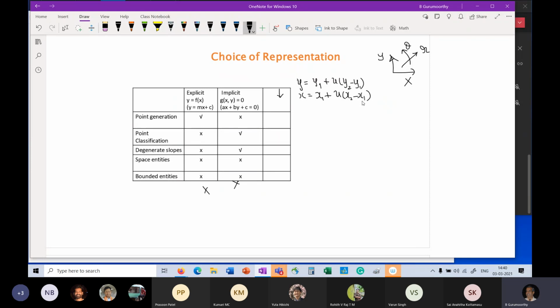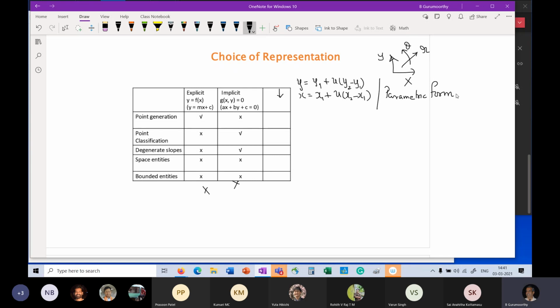You would have seen this representation of the line as well. This is what is referred to as the parametric form. First, I just want to confirm that everybody has seen this before.